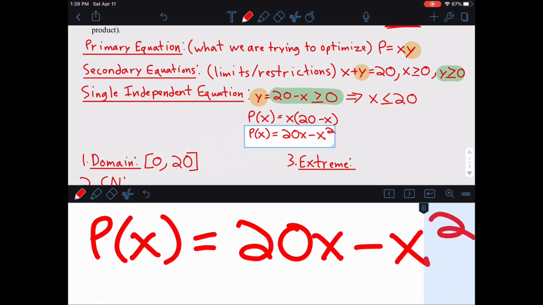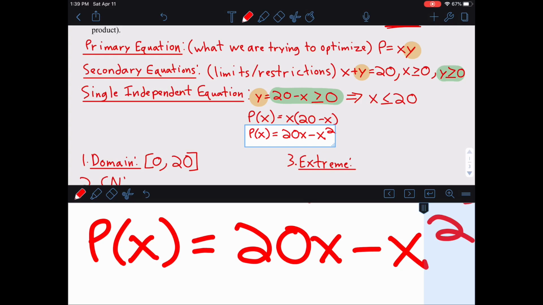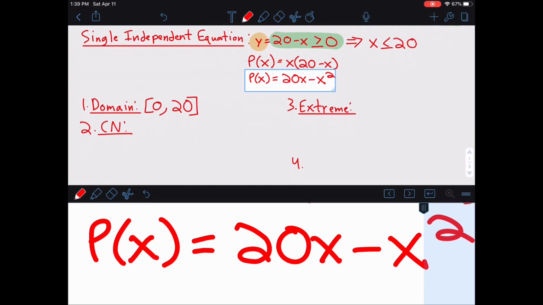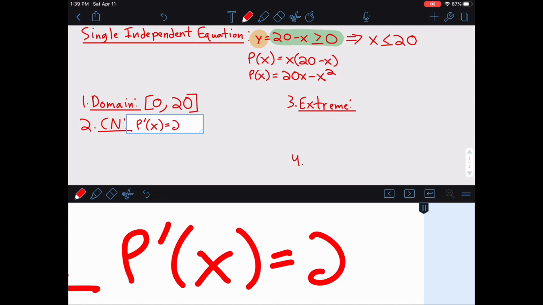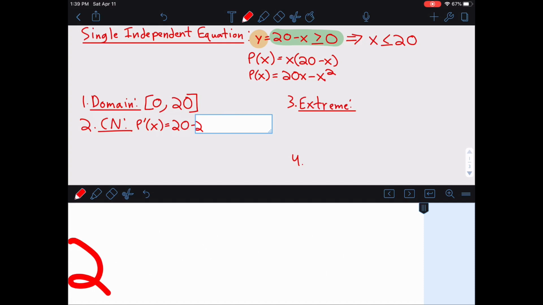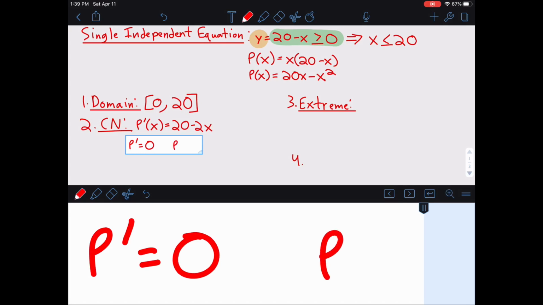Now, step two, critical numbers. Let's take my single independent equation, P of x. We're going to take its derivative, so P prime of x is going to be 20 minus 2x. And now we're going to set P prime equal to 0. We're going to set P prime equal to does not exist.